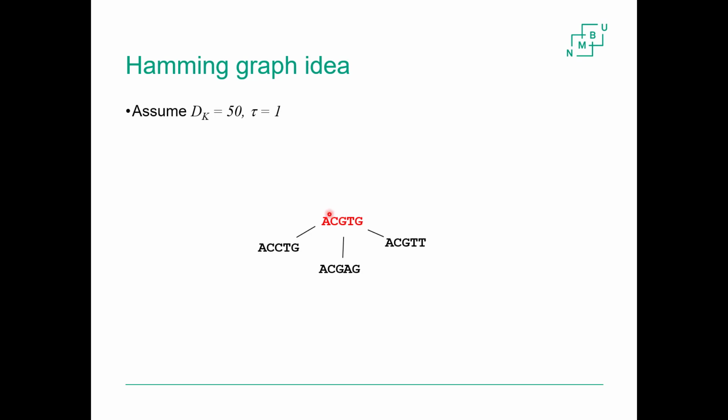So even if this is the normal error-free version, there will be from time to time in some reads this variant of that k-mer, or this variant, or this variant of the same k-mer. Or if all the errors occur in the same position, it will look like this. And again, I connect everything which differs by 1 and no more.